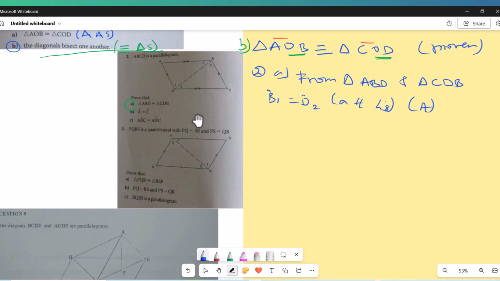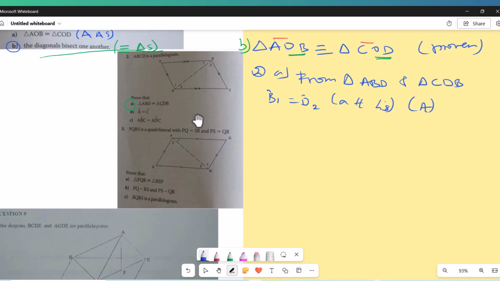Who can correct her, please? What do you think, Lufuno? You're saying that AD is equal to BC. Reason being what? Parallel angles. AD is parallel to BC.